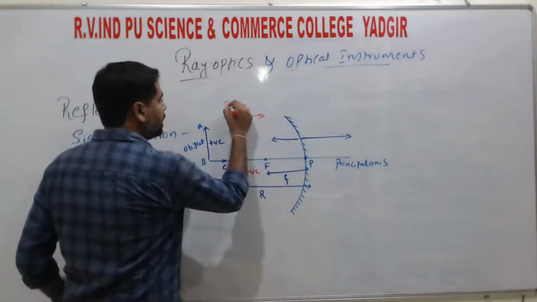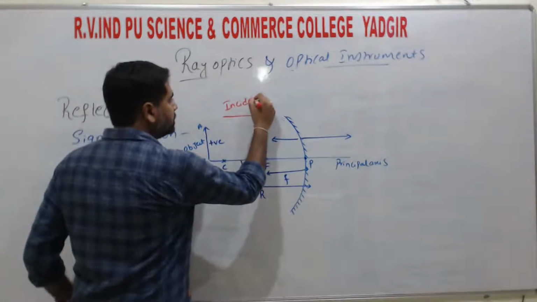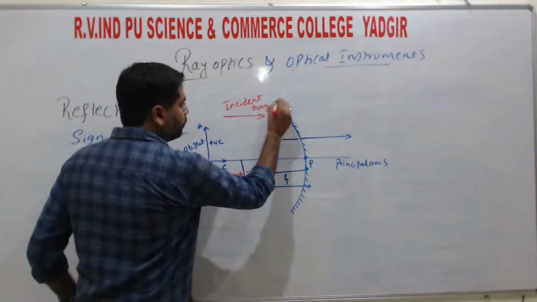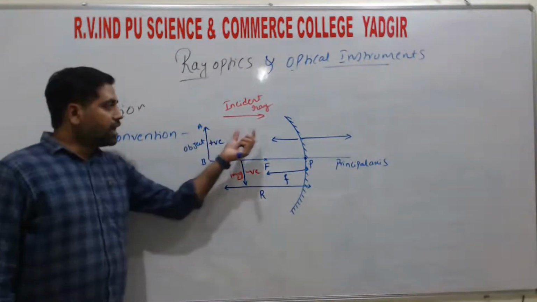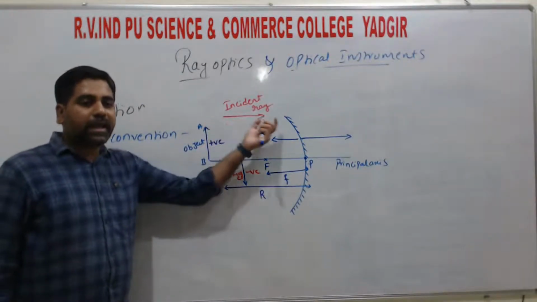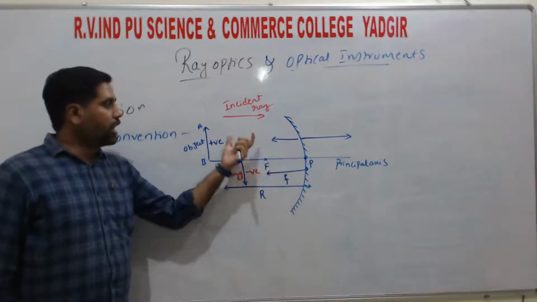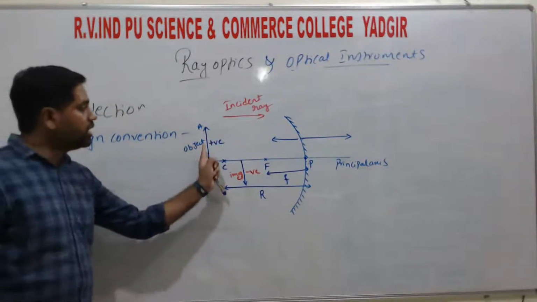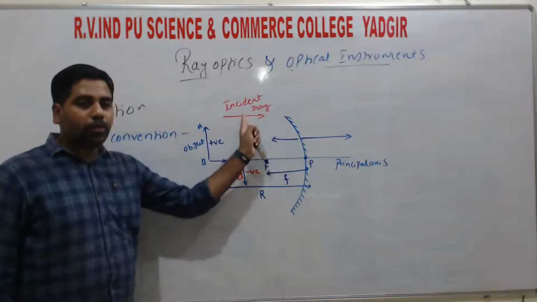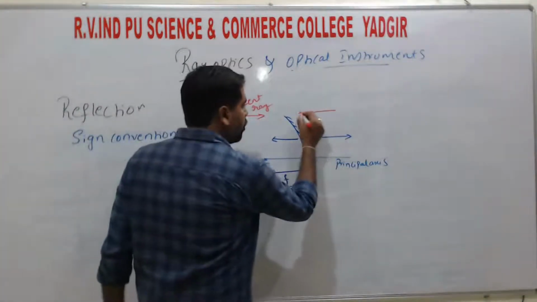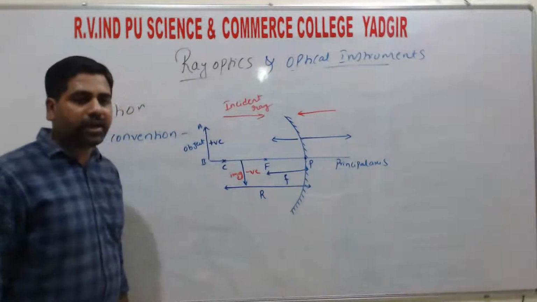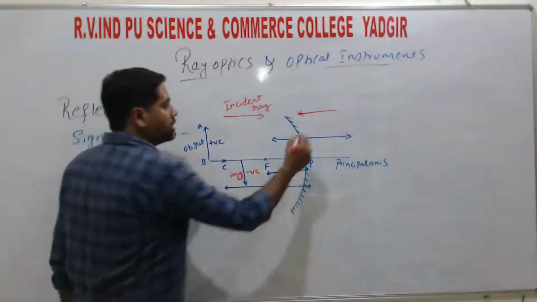And the third one: if this is the direction of the incident ray, then distances measured in the direction of the incident ray are taken as positive. Distances measured opposite to the direction of the incident ray should be taken as negative.